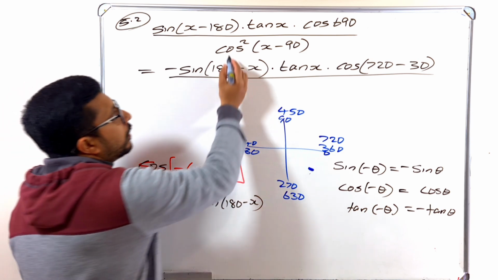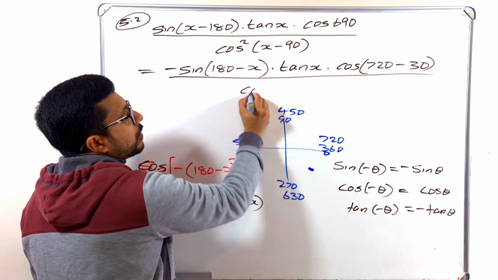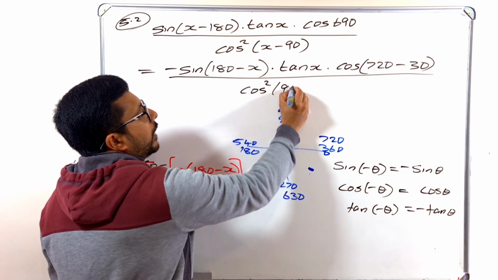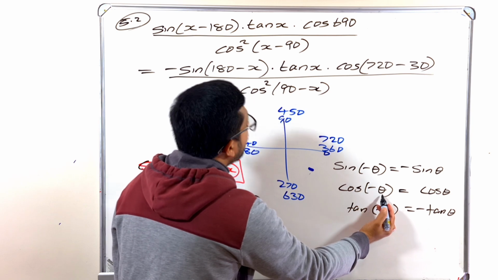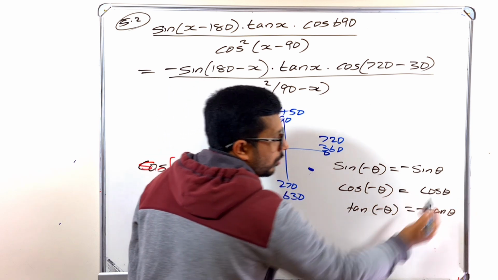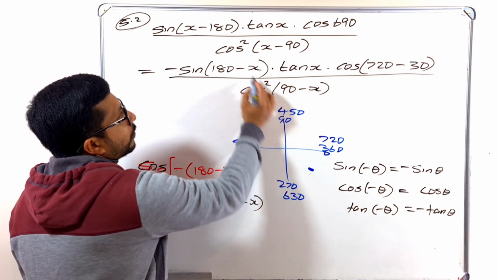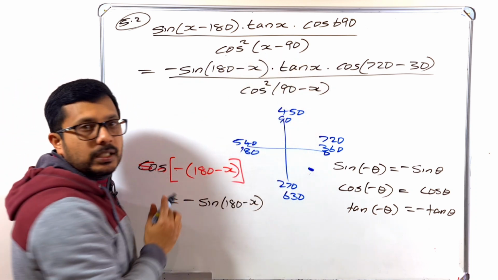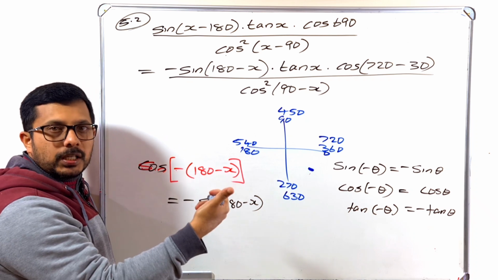Okay, so here cos square x minus 90 is the same as cos square 90 minus x. Cos of minus theta is the same as cos of positive theta. Okay, so similarly, cos of x minus 90, try to understand, that is the same as cos of 90 minus x.